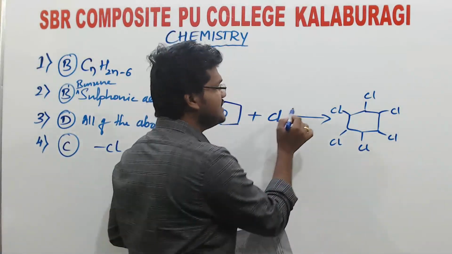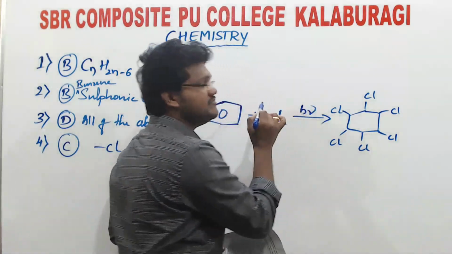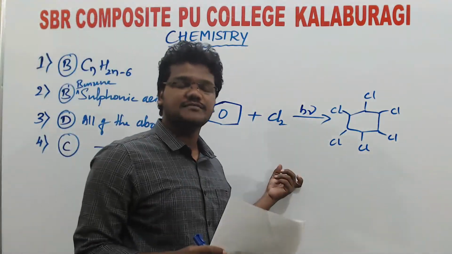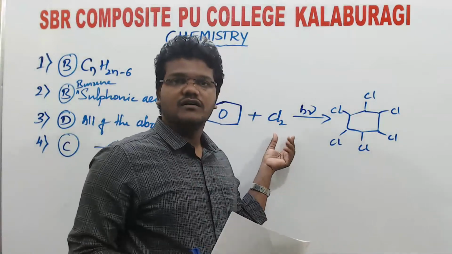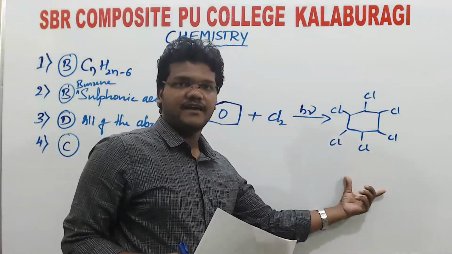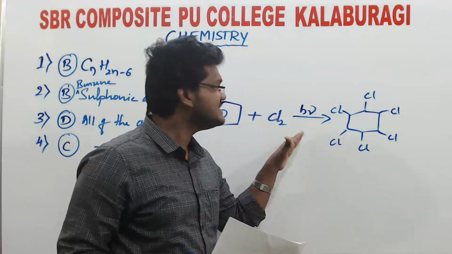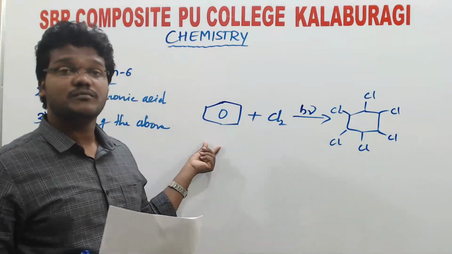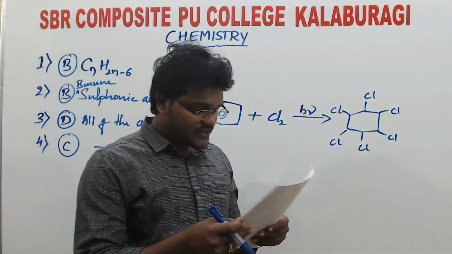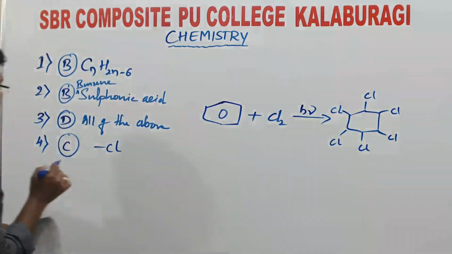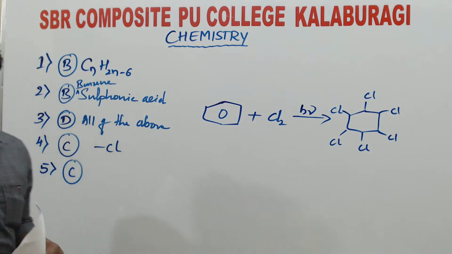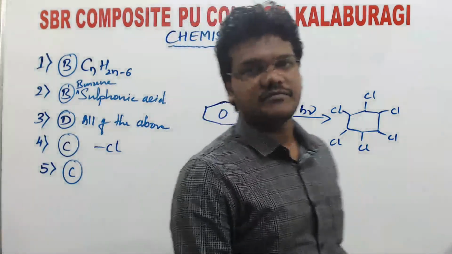Yes, that is correct, because this reaction takes place in presence of sunlight. In presence of sunlight, this is going to form BHC by addition reaction. So this is the suitable condition for the formation of BHC from benzene. So for the fifth question, the correct answer is option C.